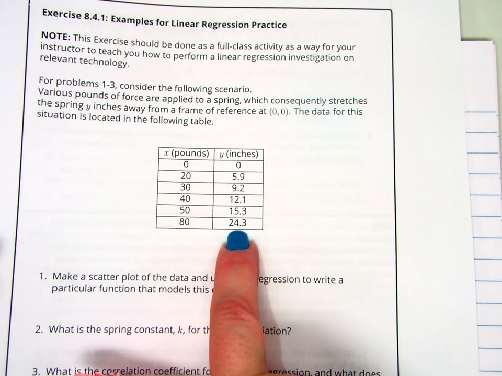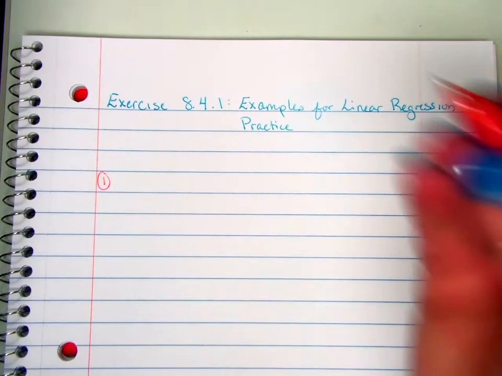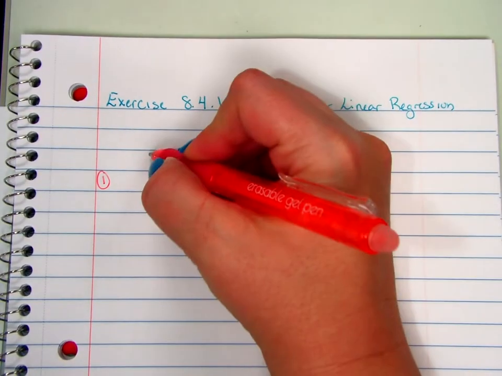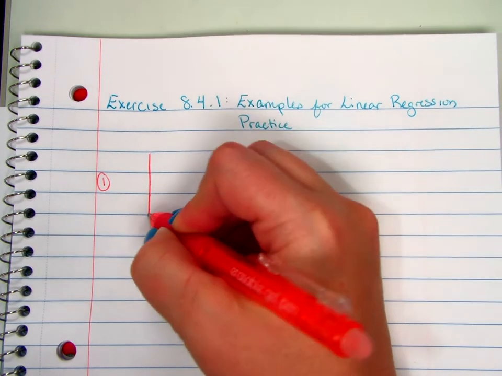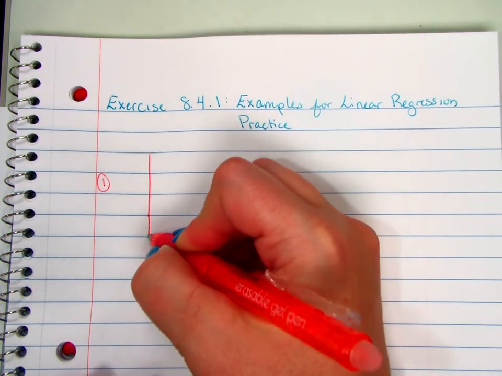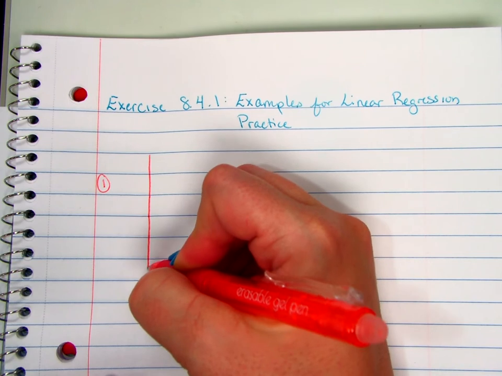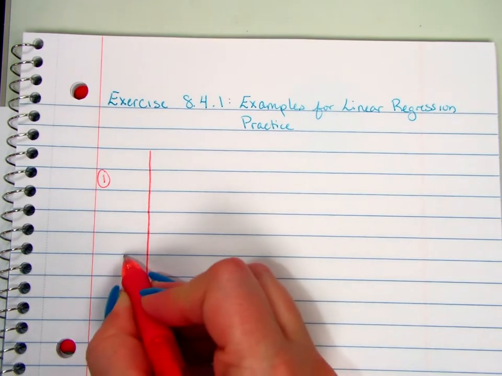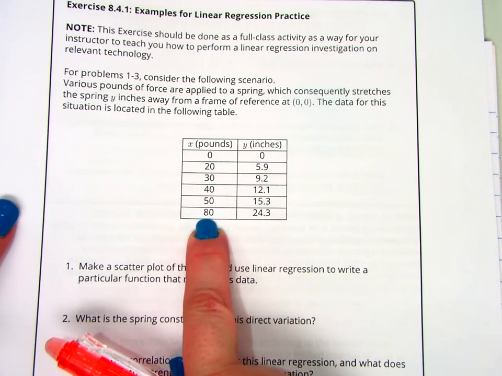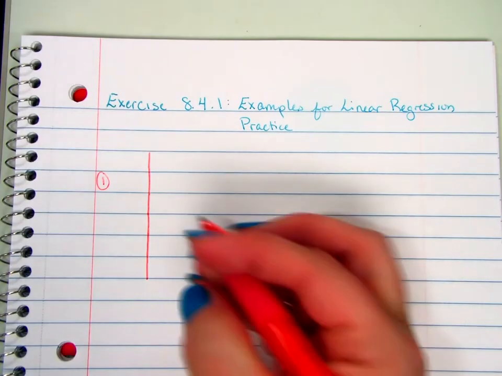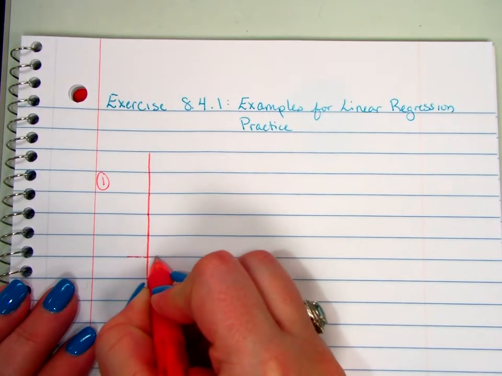I'm going to go in increments of 6. 6 seems good to me. So I'm going to go 6, 12, 18, 24, and then I'm going to go 2 extra. All right, and then I need to go out to 80, so I'm going to go ahead and go by 10s so that I can get to 80.